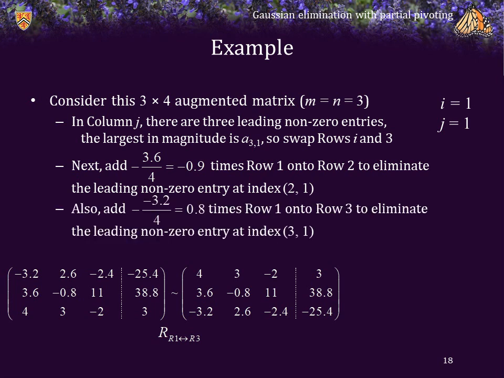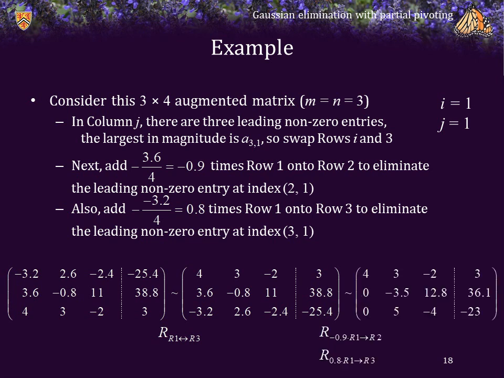Simultaneously, we will add the negation of negative 3.2 over 4, or 0.8, times row 1 onto row 3 in order to eliminate the leading non-zero entry at index 3, 1. So that now gives us the matrix we see at the lower right.